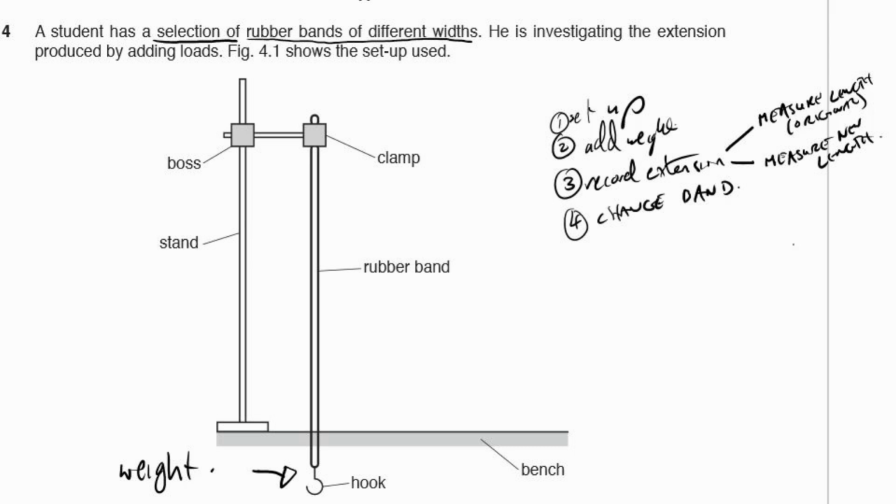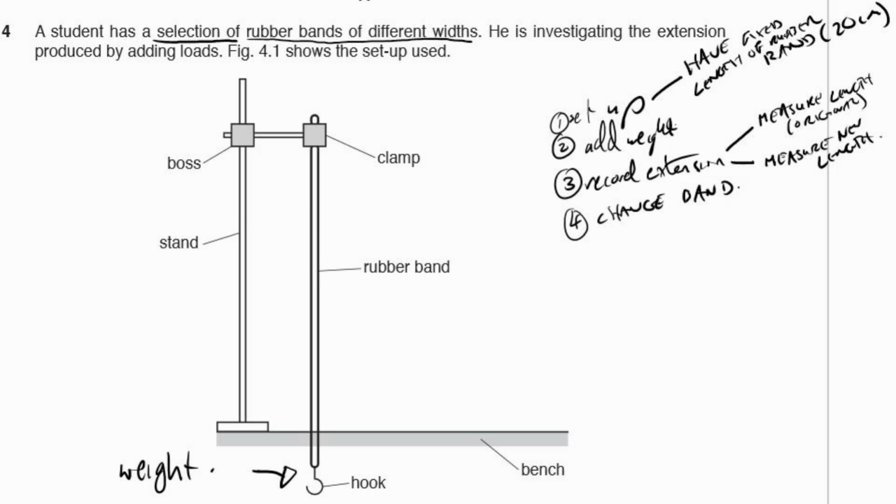Now looking at that, I'm going to say, okay, well, bands of different lengths are going to stretch different amounts anyway. So a key point would be to have a fixed length of rubber band. Say 20 centimeters, why not? Fixed length of rubber band, then we add weight.